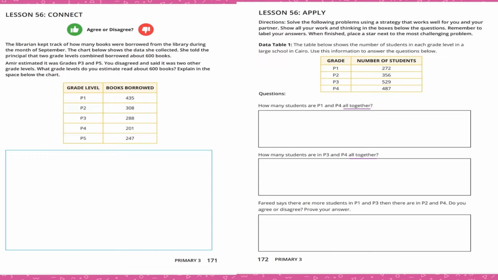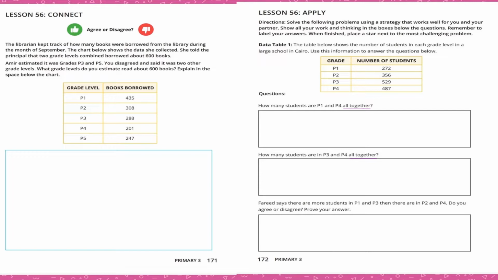The second column, books borrowed: 435, 308, 288, 201, and the last one, 247. Here, Amir's estimate was grade 3 and 5, nearest to 600 books.